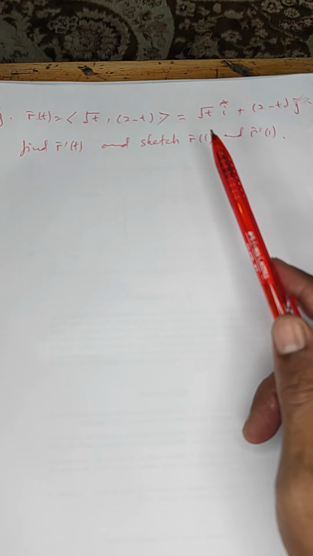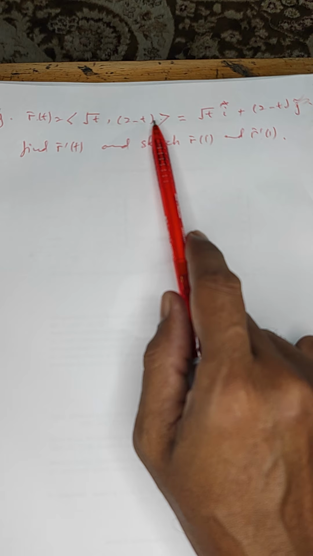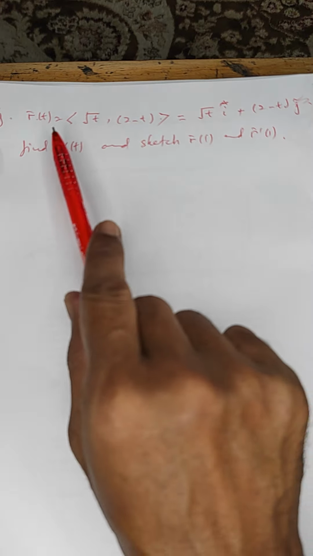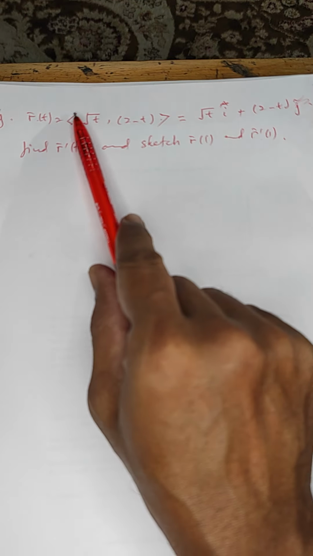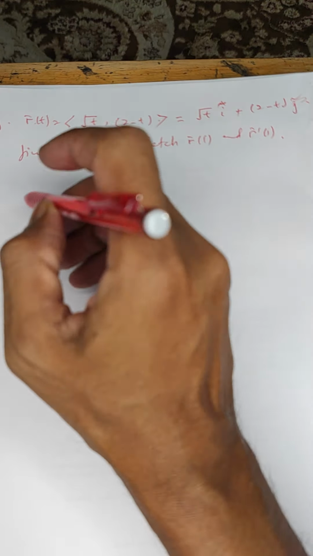In this class, I don't want you to use curved brackets for vectors because we use handwriting, so we cannot make it bold. Always differentiate between vectors and points. Curved brackets we use for points, and this sharp bracket we use for vectors. So for this example it's easy for you to differentiate those things.